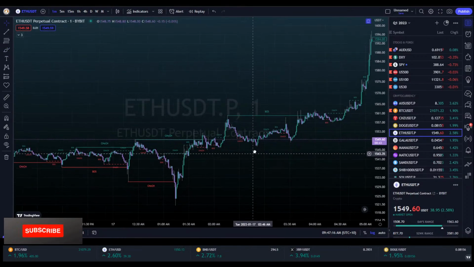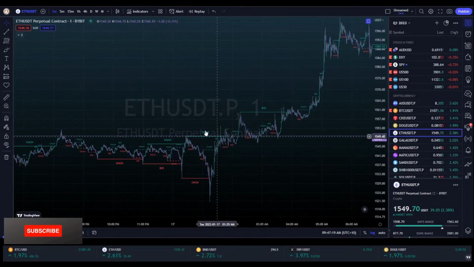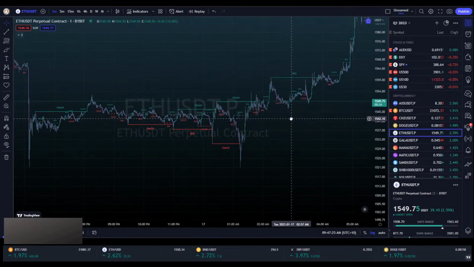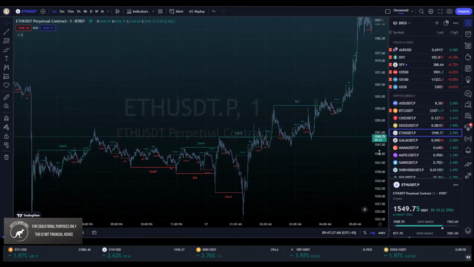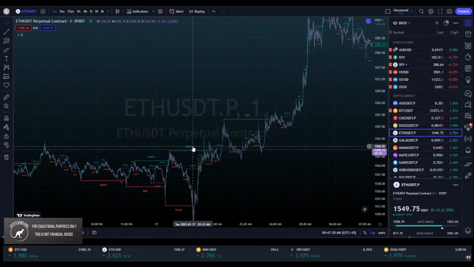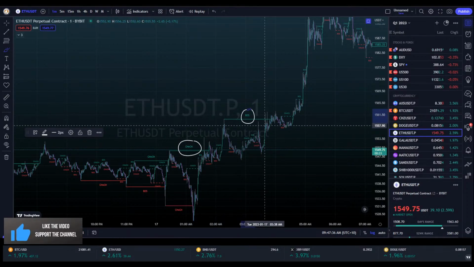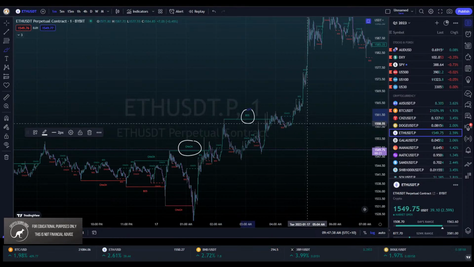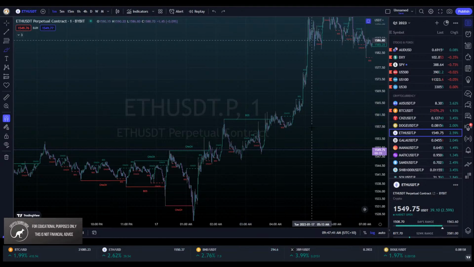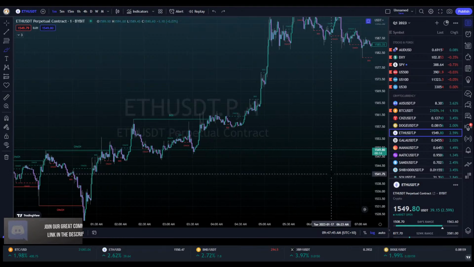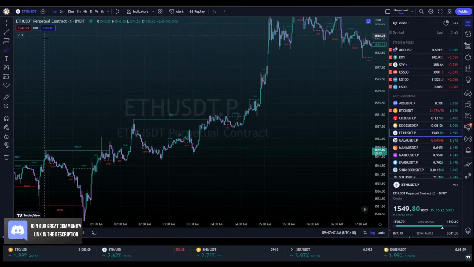So you don't have to pay too much attention to the swing, although it helps. You can just trade off the inner structure, especially if you know that you've had a change of character to the upside, and then a break of structure to back that up. So I'll show you some examples of taking the substructure, the inner structure, as a signal, like how to get into a position.